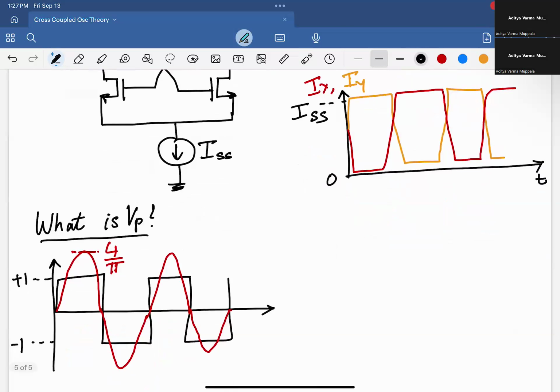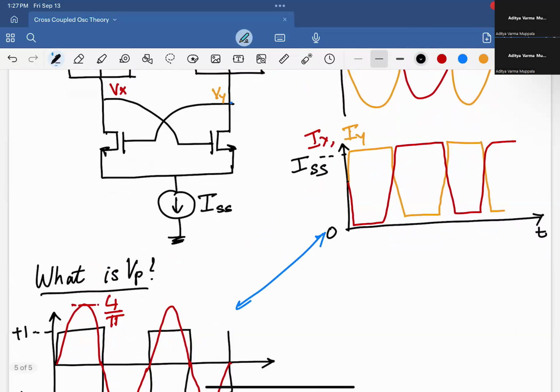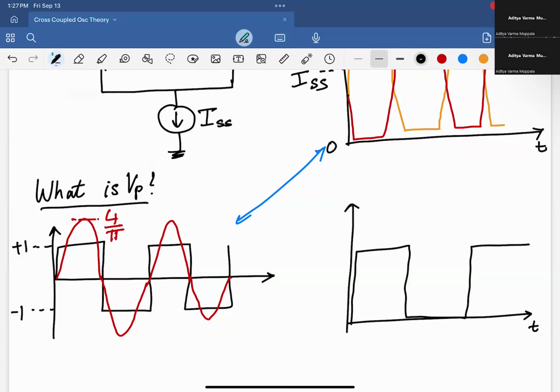So we have essentially, if we look at the relation, the similarity between these two, then you can say, okay, the fundamental current here should have, maybe let me redraw this. Let's just redraw it. Okay, so here, the current, this is T, it's kind of a square wave like this, right?